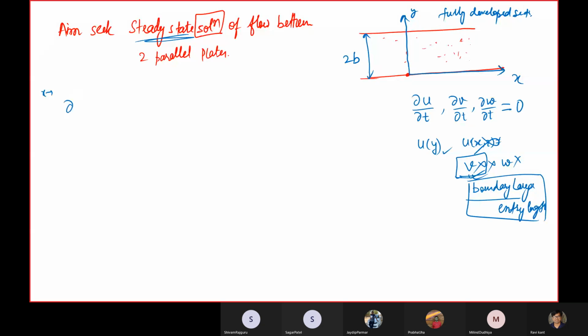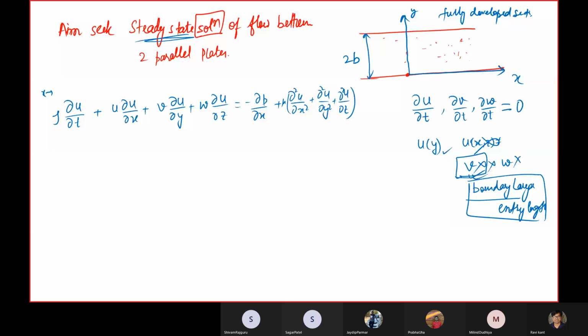So my first, x-axis Navier Stokes equation reads as, per unit volume, rho dou u by dou t plus u dou u by dou x plus v dou u by dou y plus w dou u by dou z is equal to minus dou p by dou x plus mu times dou 2u by dou x square plus dou 2u by dou y square plus dou 2u by dou z square.